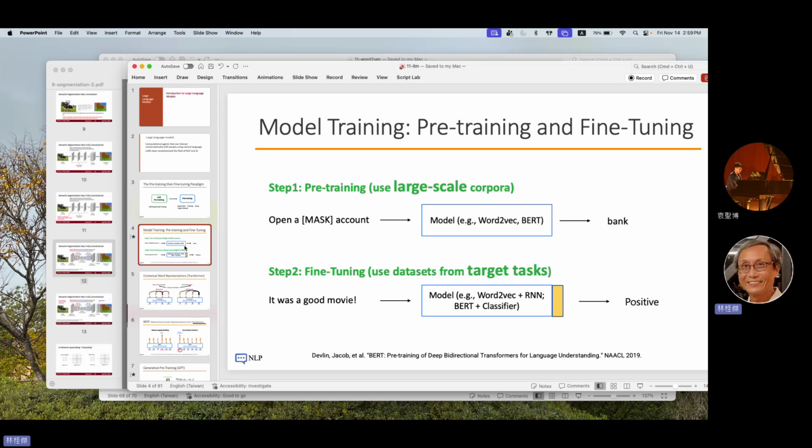So you can answer, oh, there probably is the word bank in between. By looking at this open, this account, and its location in the model, you have the embedding, you have the information, and by looking at all of the previous information, you can find that when a lot of people say open some account, it means bank. So it can give you the answer that it should probably be a bank, okay?